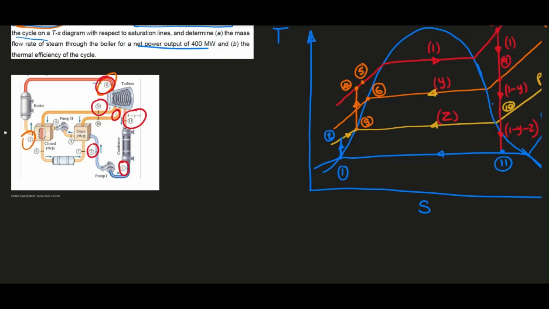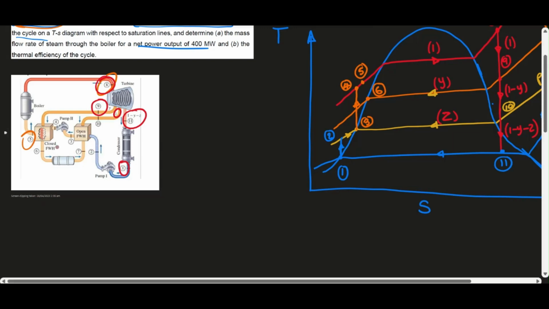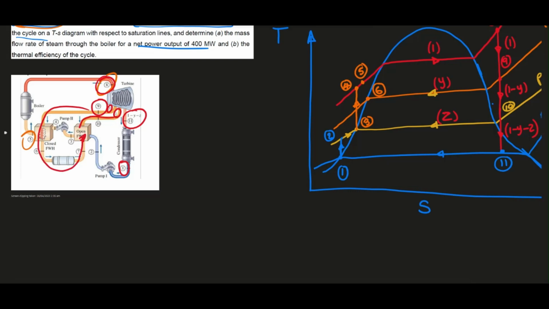and from the condenser it will still be the same through state 2, and then in the open feed water heater, Z will mix with 1 minus Y minus Z and with the Y from 9. They'll all mix there. So if they're all mixing in here, at state 3, they're leaving as 1. There's no mixing in the closed feed water heater, so 1 will leave like that. So that is 1.